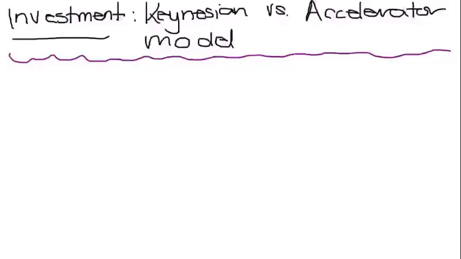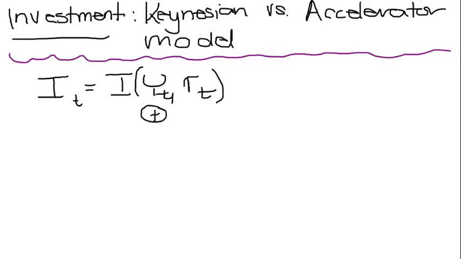Okay, so you should be quite familiar with the Keynesian investment function by now. What the Keynesian investment function says, remember, is that investment is a function of income and the interest rate, right? Higher income leads to higher investment, whereas a higher real interest rate today is going to increase the cost of borrowing for firms, leading to lower investment.